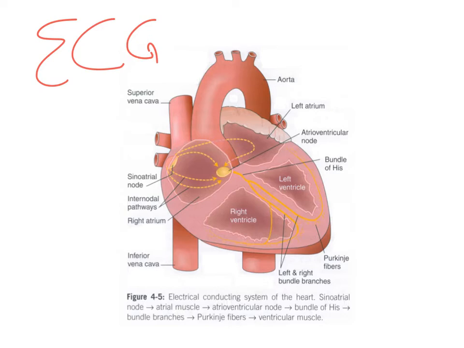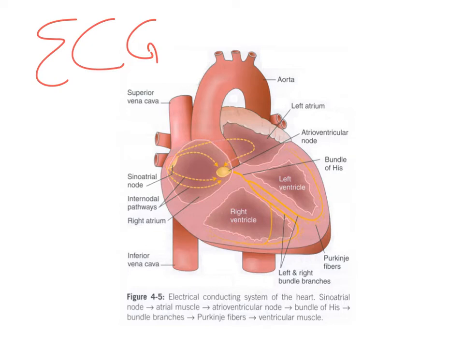Now, when we think about electrical activity in the heart, I like to think about two different conducting tissues. The one is what we call the electrical conducting system of the heart, and the second is the rest of the heart muscles.